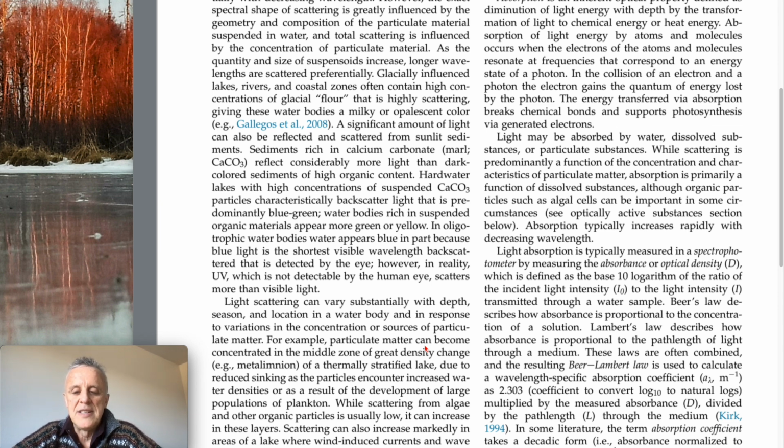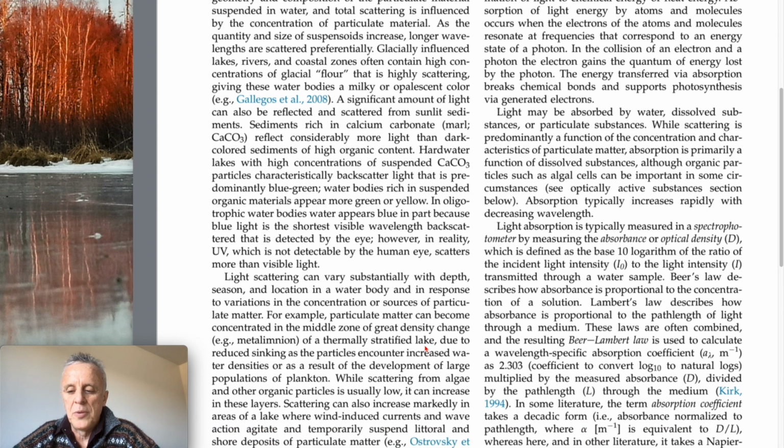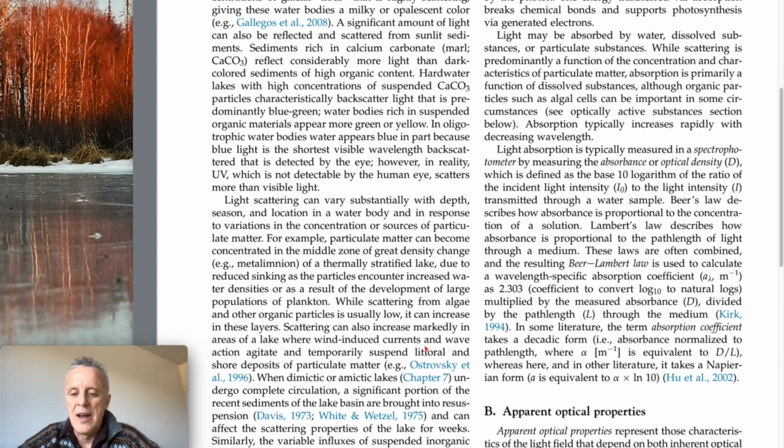Light absorption is typically measured in a spectrophotometer by measuring the absorbance, or optical density D, which is defined as the base 10 logarithm of the ratio of the incident light intensity, I0, to the light intensity, I, transmitted through a water sample. Beer's law describes how absorbance is proportional to the concentration of a solution.